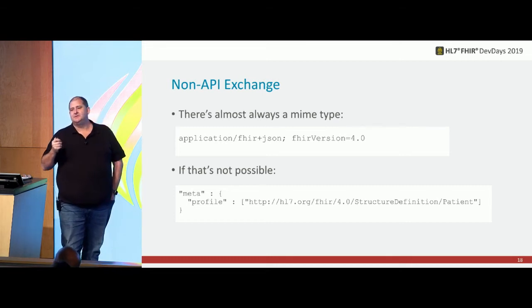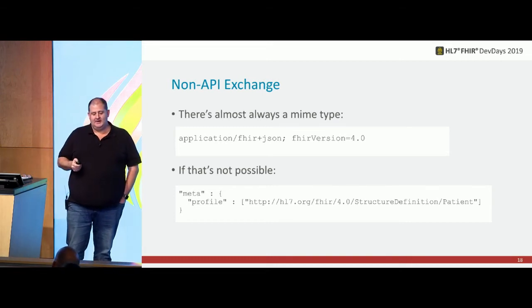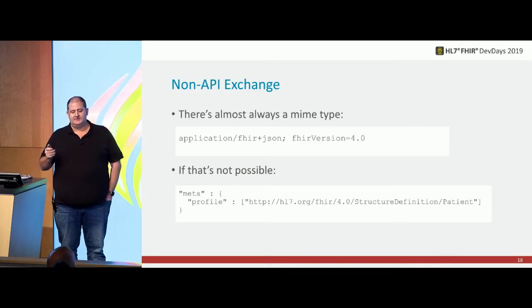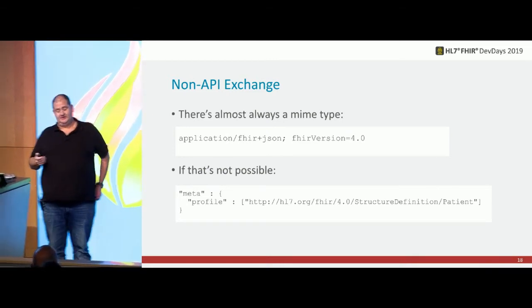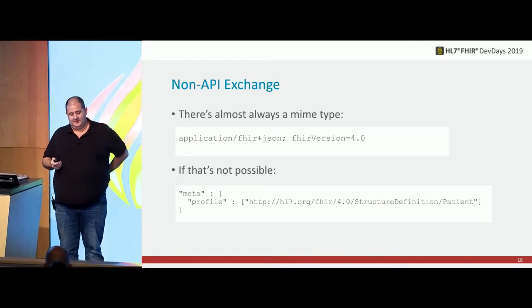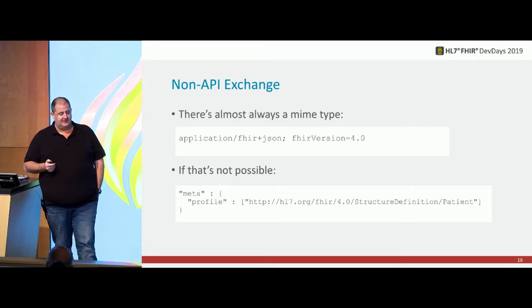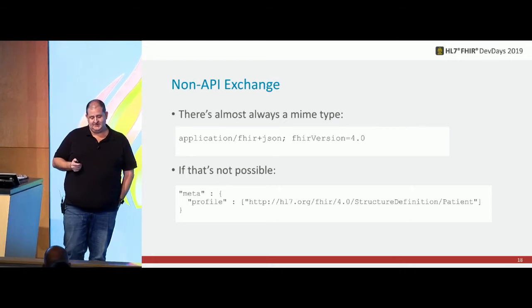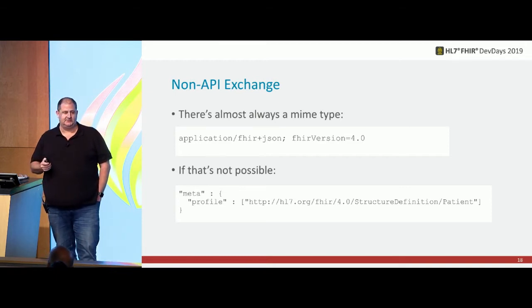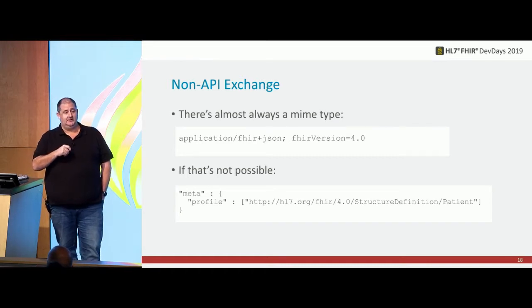But there's sometimes when that's just not possible. And if it's just not possible, you can actually put inside the message, inside the resource, a profile claim. Here's the claim that this patient resource conforms to the base structure definition, the base R4 patient. Now, it's quite possible that a patient resource could also conform to 3, as well as 4, as well as 5.